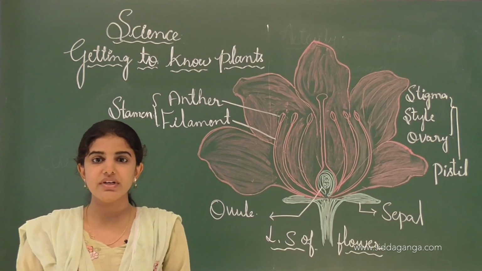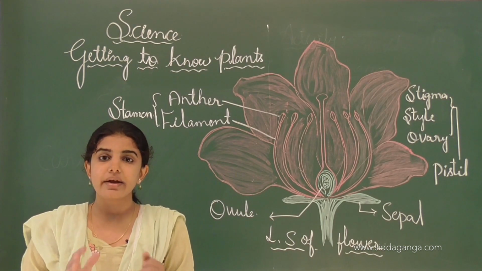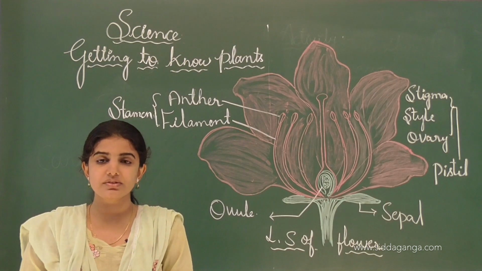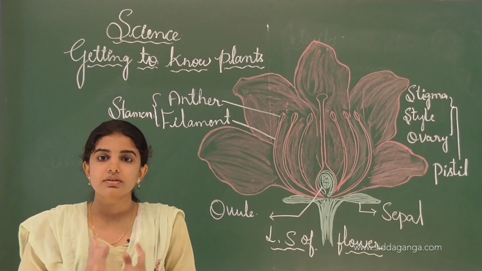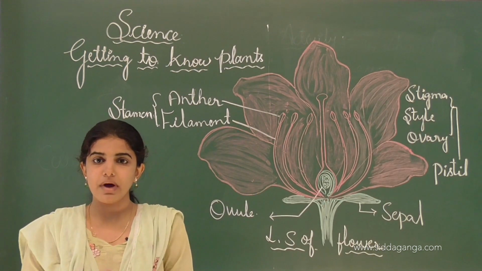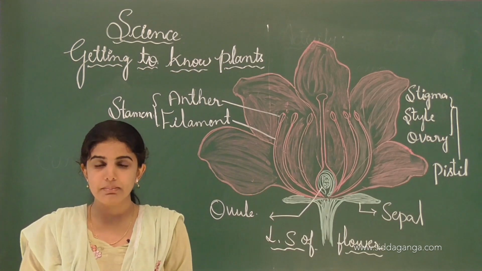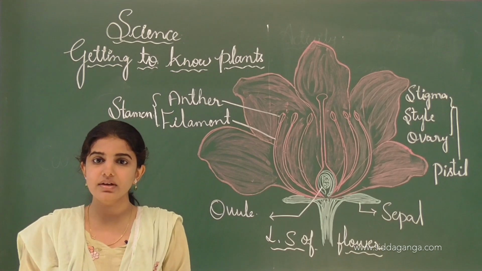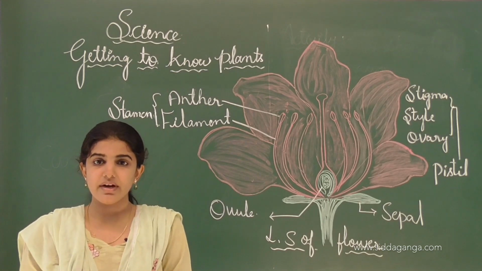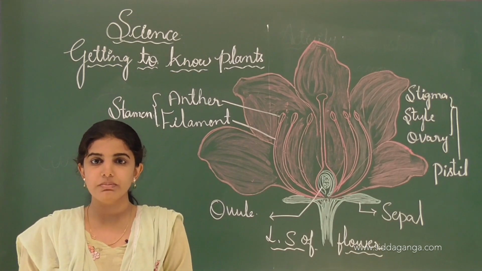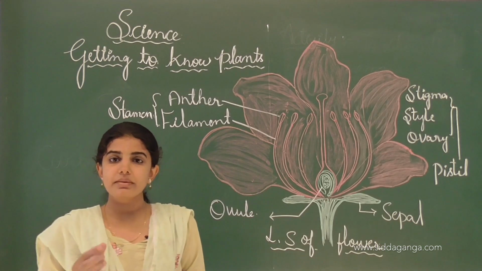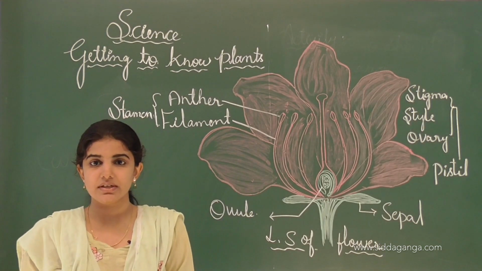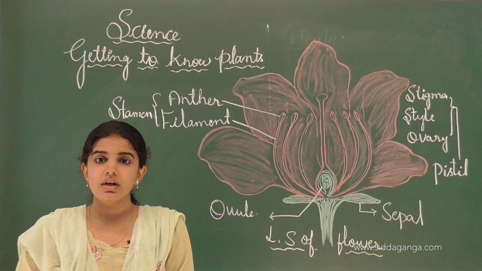This is how we studied different types of leaves, and we also studied the parts of the leaf in the previous class. There are various parts of the leaf, for example lamina, midrib, apex and the petiole. The midrib is located in the middle and is a rib-like structure.